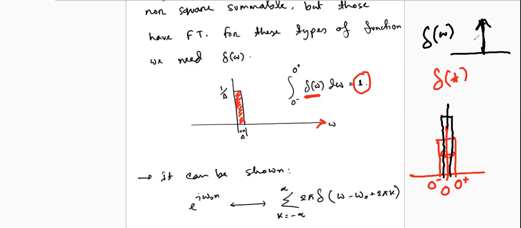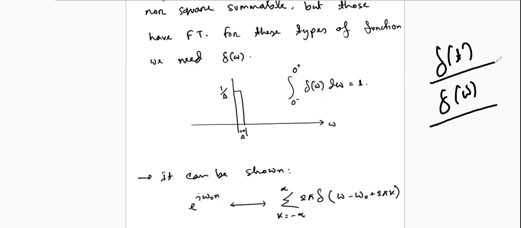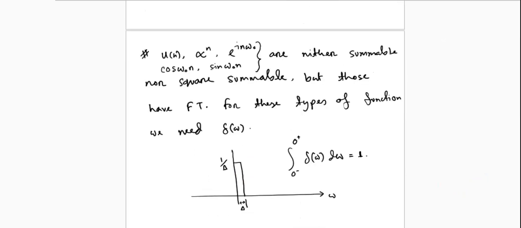So that is the definition of a delta function. That is a very hypothetical concept of delta t or delta omega. Those are analog signals. The area is 1. I'm just talking about the concept of the delta function. Why am I introducing this? Because whenever we want to solve this kind of function, we need to introduce the delta function.